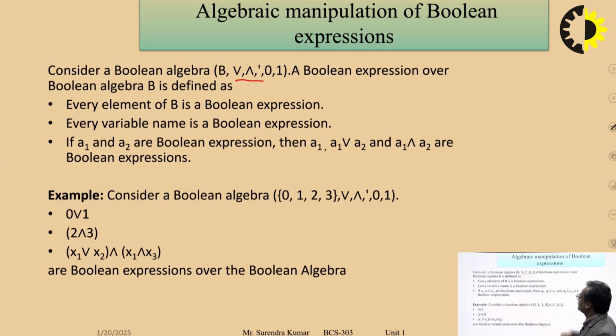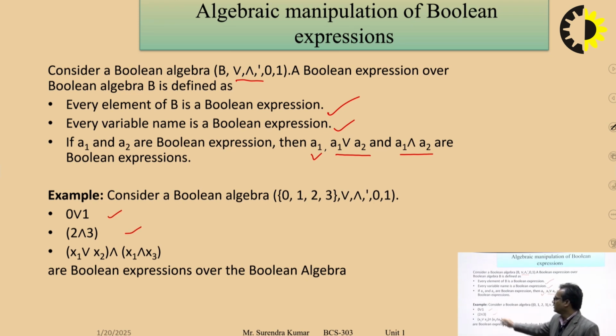A Boolean expression over Boolean algebra B is defined as: every element of B is a Boolean expression, every variable name is a Boolean expression, and if A1 and A2 are two Boolean expressions, then A1 or A2 and A1 and A2 are again Boolean expressions. Example: 0 or 1 is a Boolean expression. So these are all Boolean expressions.